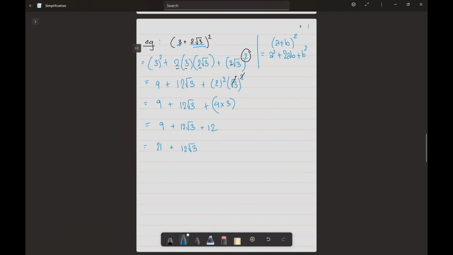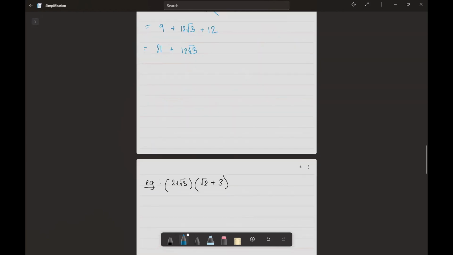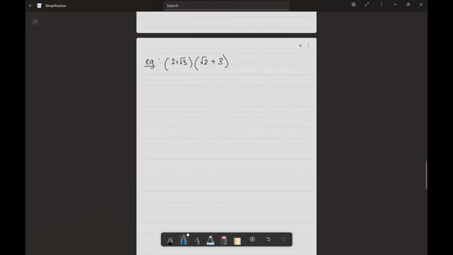If we take a look at the next example, we have a situation like this. Now this is a case of an example like this, where we had (3x plus y) multiplied by (2a plus b).